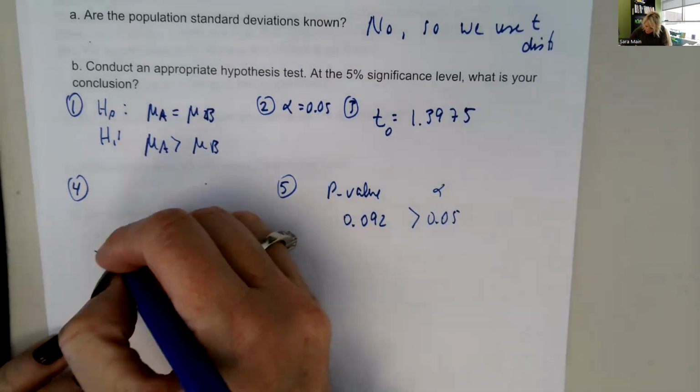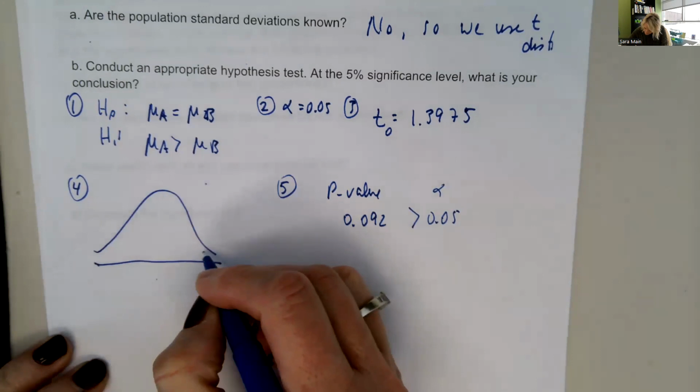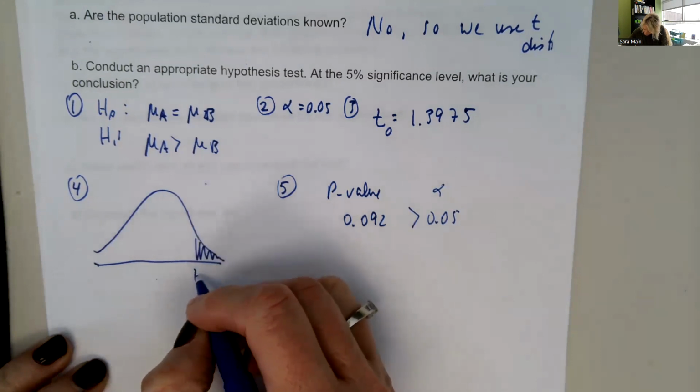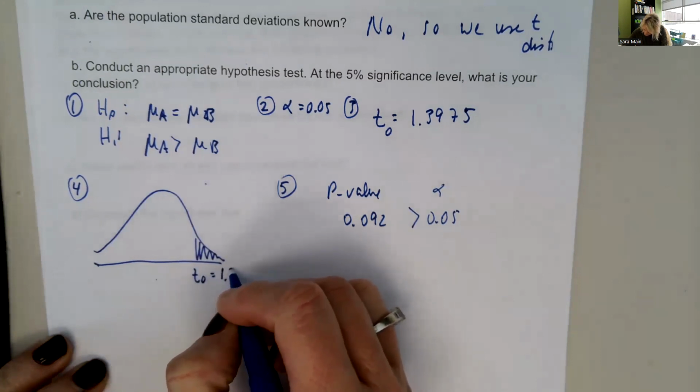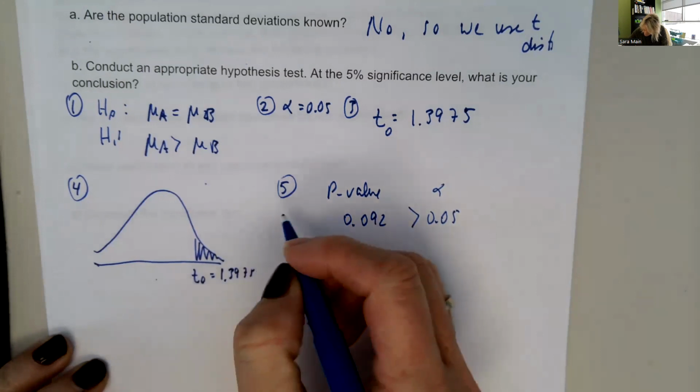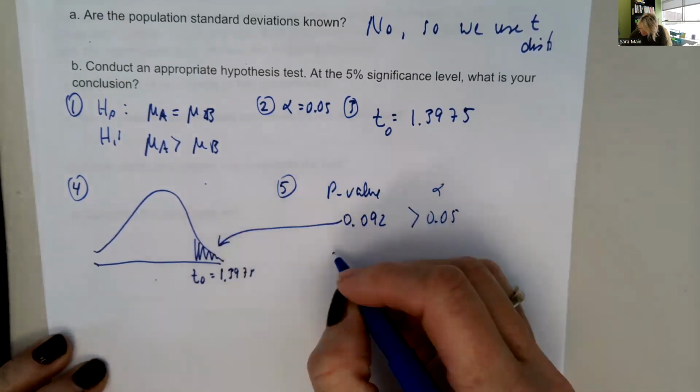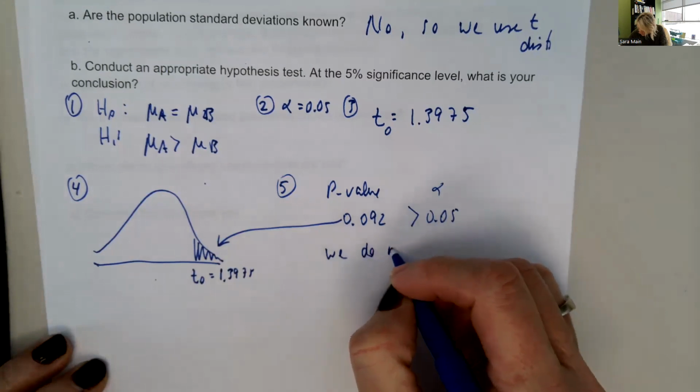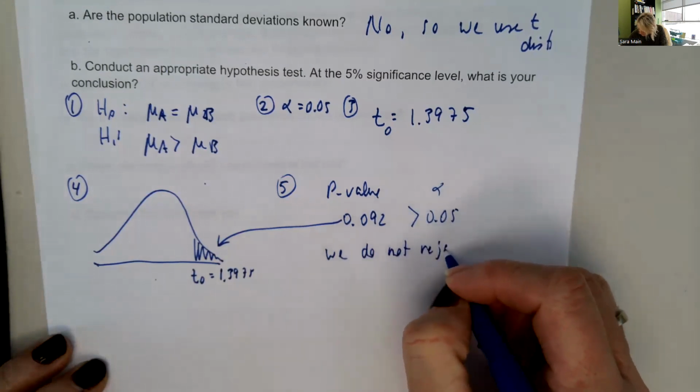We're going to draw a picture again, just like we did in the last one. And our p-value is right here. And so we do not reject H0.